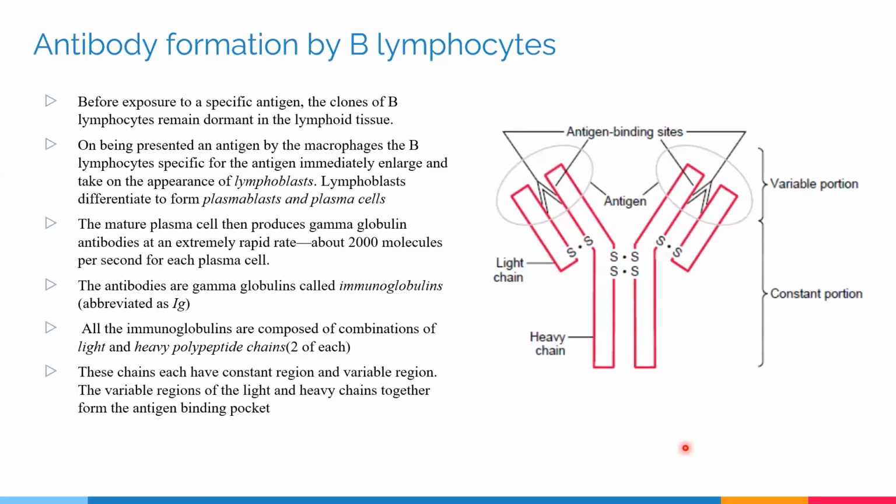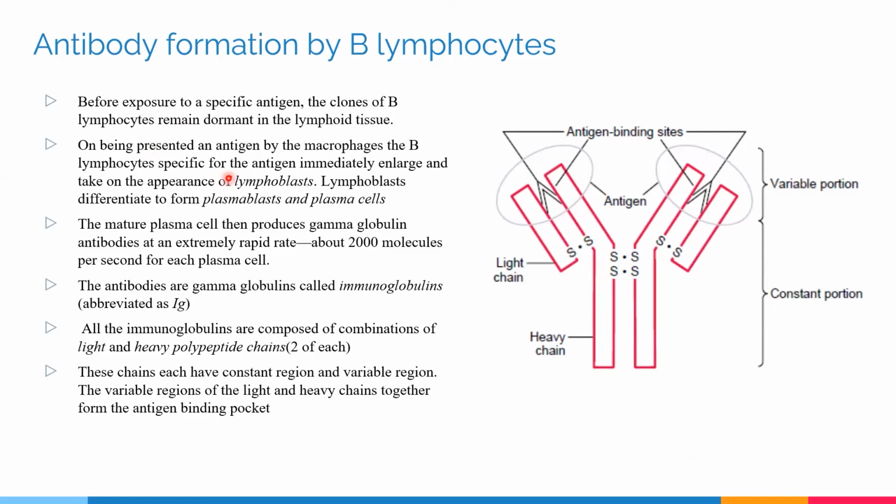So next we will look in a bit more detail at the type of immunity provided by both the T lymphocytes and the B lymphocytes, and we'll start with antibody formation by B lymphocytes. Before exposure to a specific antigen, the clones of B lymphocytes remain dormant in the lymphoid tissue.